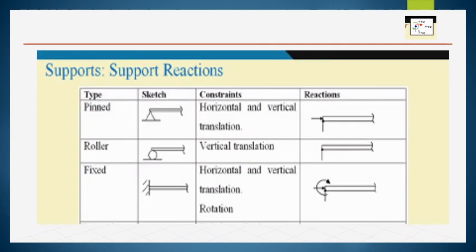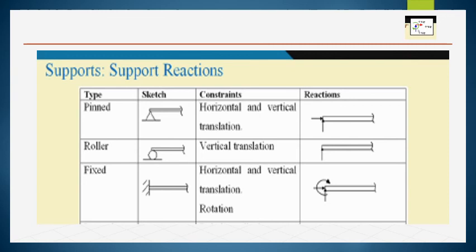So these are the different types of supports with the free body diagram showing the reaction. Pinned or hinged support restricts horizontal and vertical translation. So in the free body diagram, we have to remove the hinged support and show the reaction in horizontal and vertical directions. Roller support opposes the vertical motion. So when you remove the support in the free body diagram, you have to show the reaction in the vertical direction.